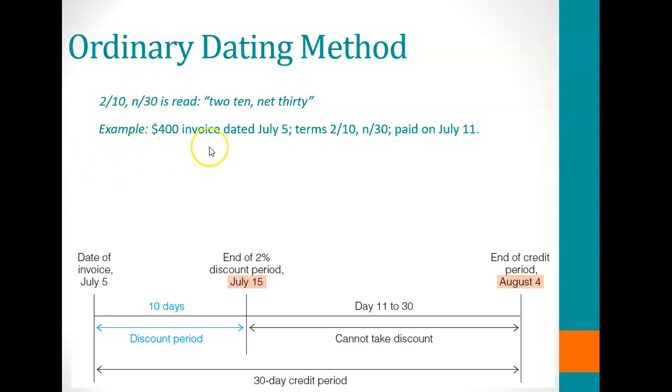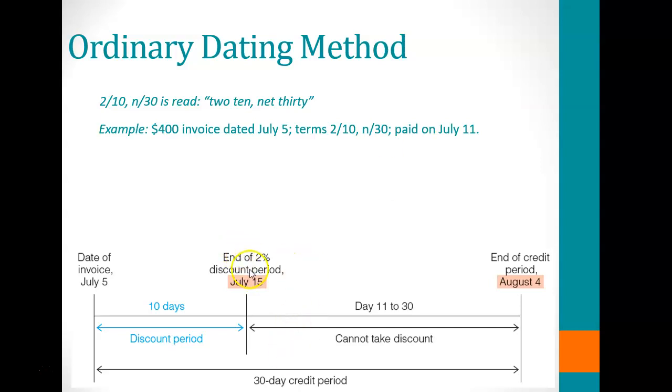Example, we have an invoice for the amount of $400 dated July 5th, and the terms are 2/10, comma, n/30. The buyer pays the invoice on July 11th. First, we ask ourselves, did the buyer pay within the discount period?